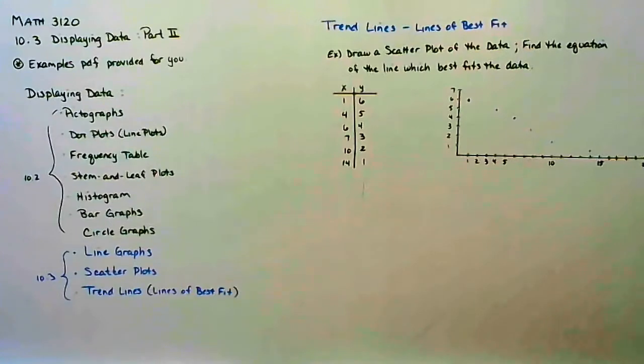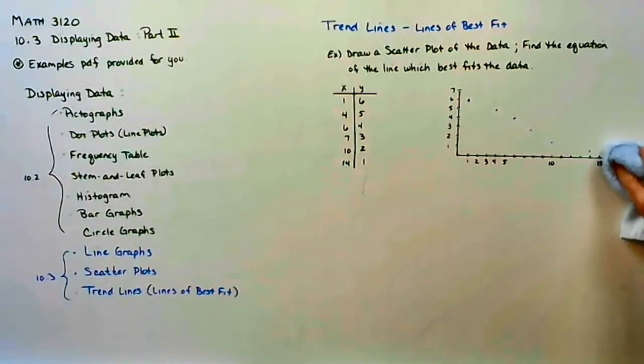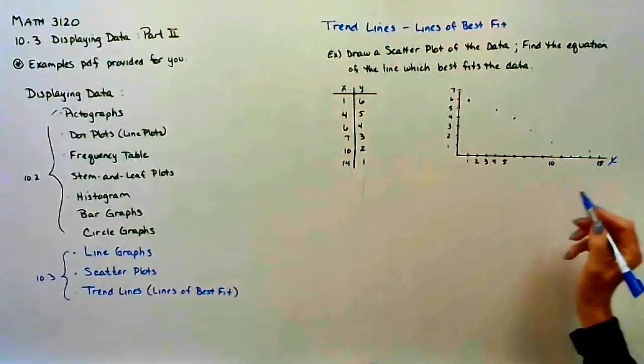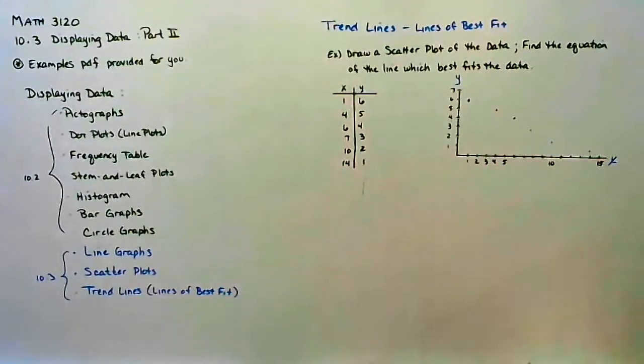And then I need to label my axes. In this case, I don't have what this data represents, so I can simply label this as your x-axis and your y-axis because that's what our data points are. And now what we want to do is we want to find the line that fits the best.